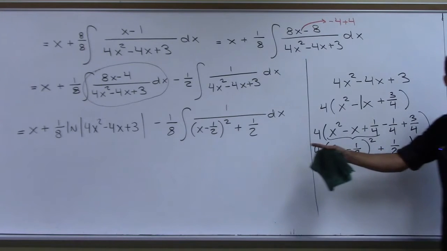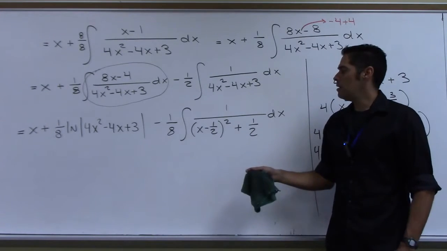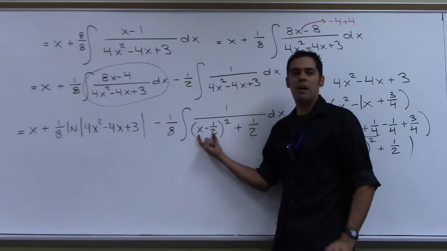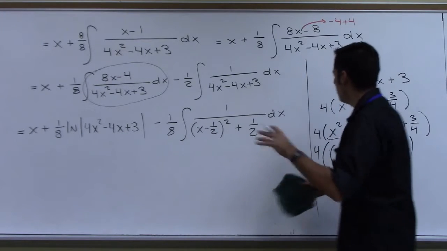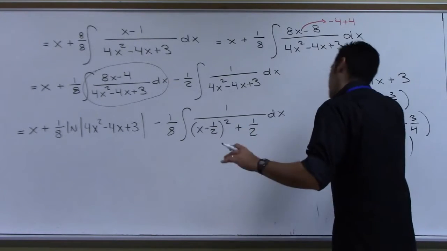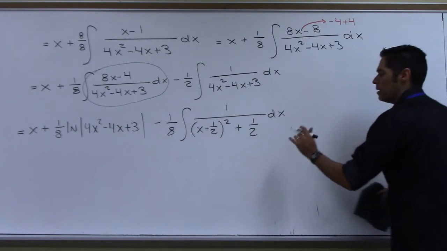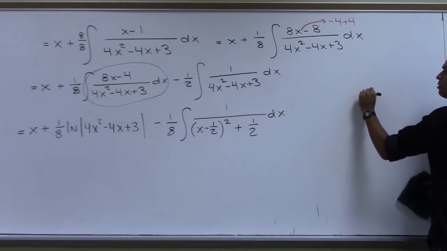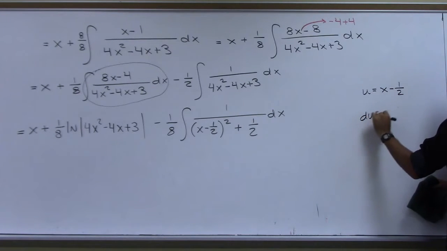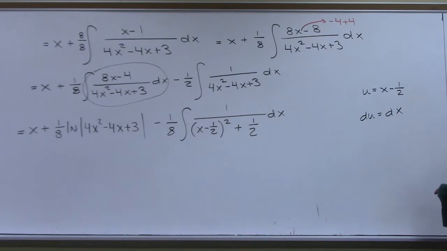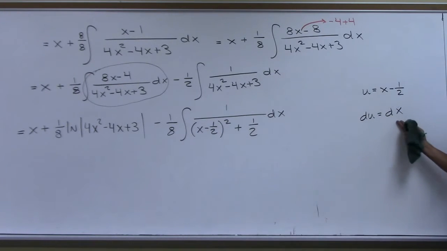This is formula 17, isn't it? Now there's a little bit of an issue here because this is not just u, right? It's a little linear expression, so you might need, this depends on you. If I was doing the problem, of course, I would just go right to the answer, but you might need to do a little quick u sub on this. Right, u is this piece right here. The derivative of it is dx.